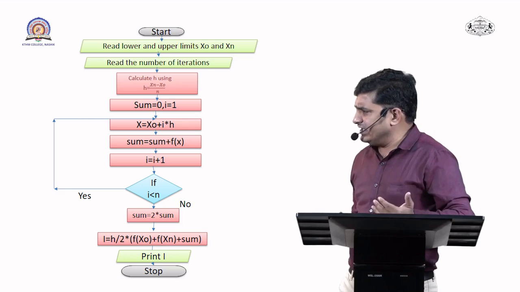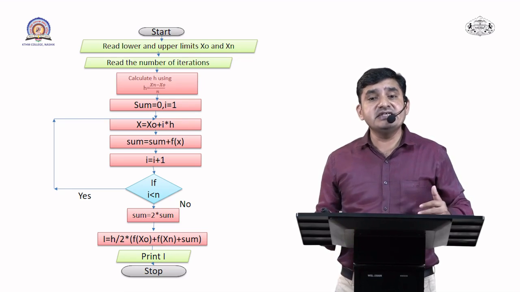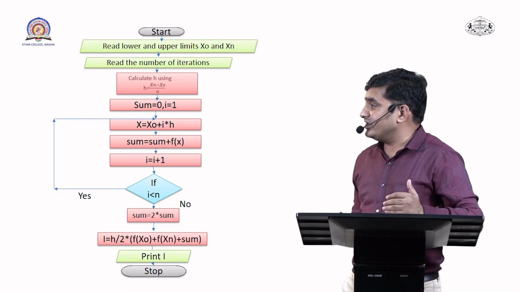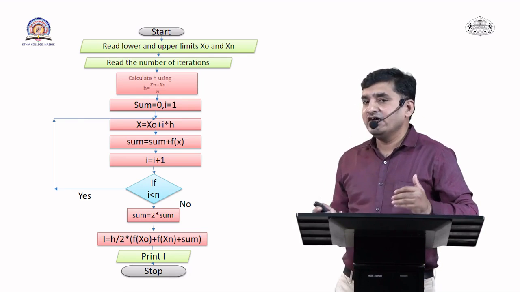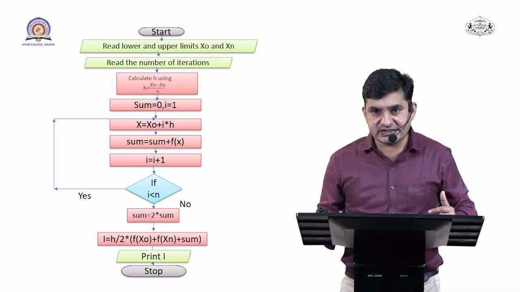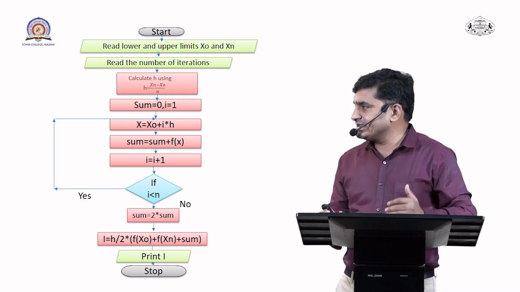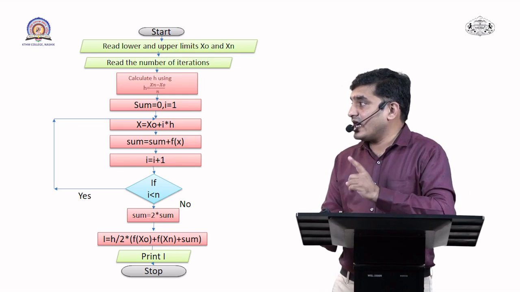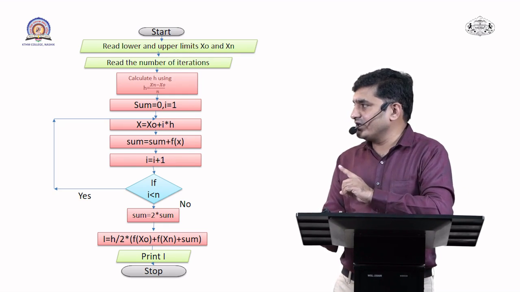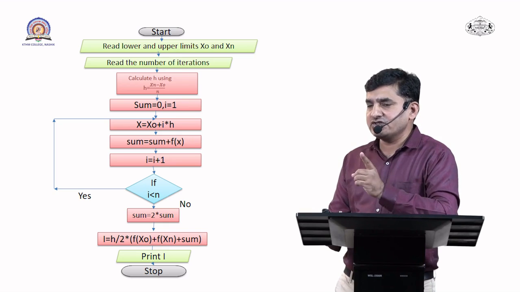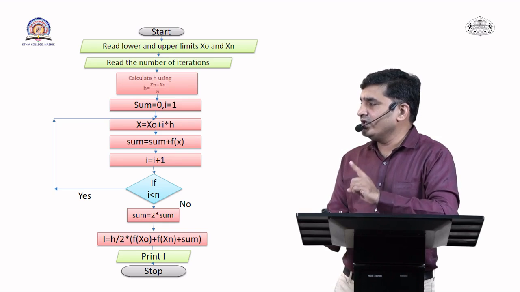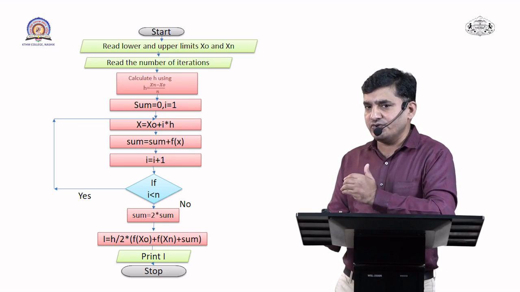Now we have to check the condition. If i is less than n, and this condition is satisfied, then find the value of x again: x is equal to x0 plus ih. I is 1, so it becomes x0 plus h. When i is incremented by 1, it becomes x is equal to x0 plus 2h.